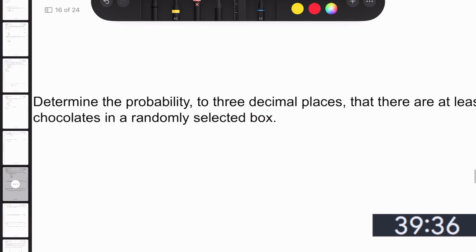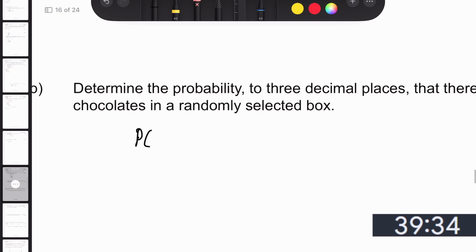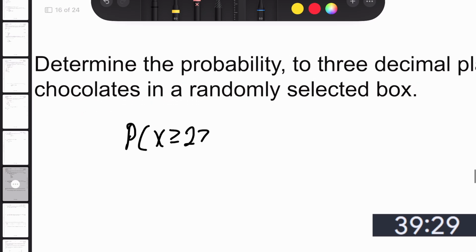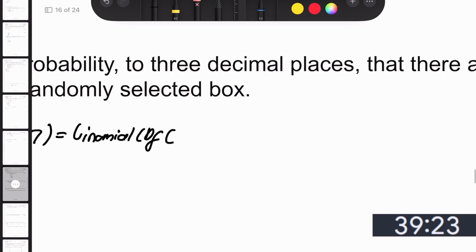There we go. Determine the probability, to 3 decimal places, there are at least 27 pink chocolates in a randomly selected box. So then I want the probability that x is greater than or equal to 27. So then this is going to be a binomial CDF because cumulative. So 27 to 30, and put in my parameters 0.8.